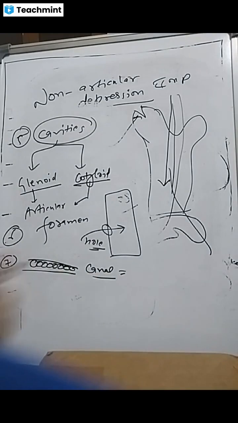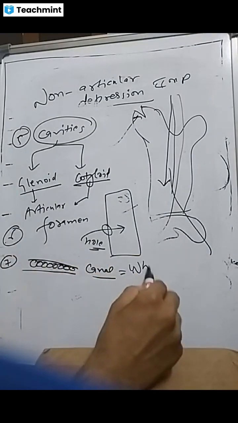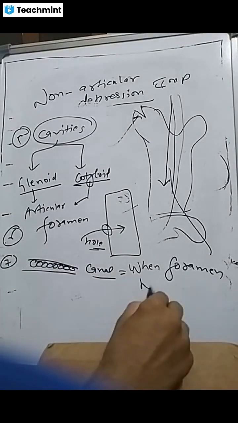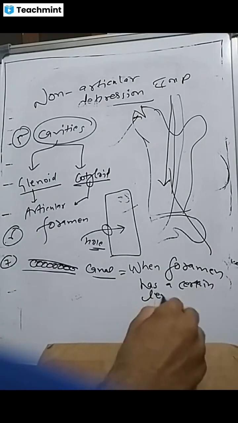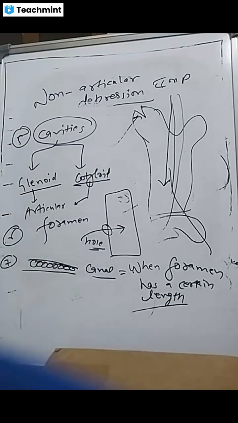The meaning of canal is that foramens have a certain length, and that is called a canal.